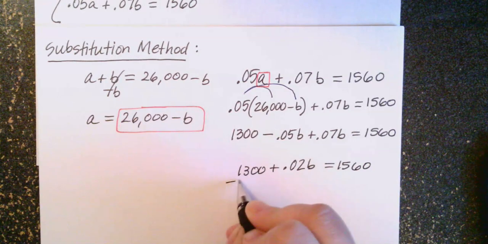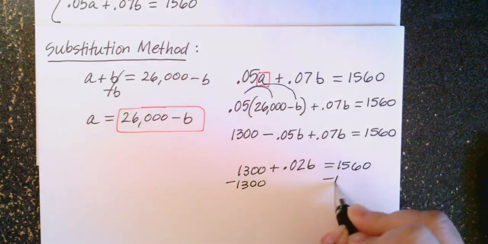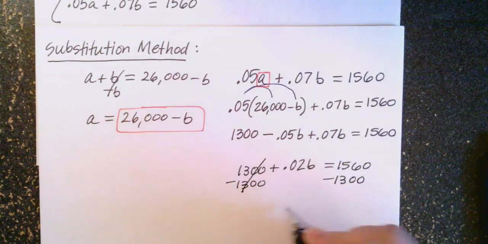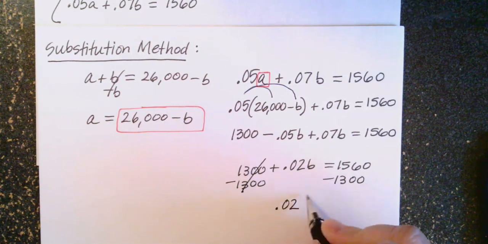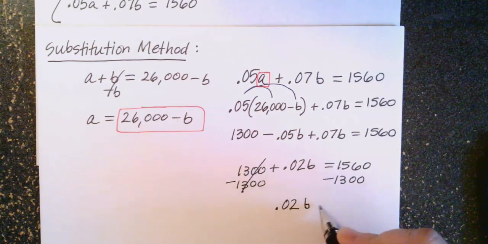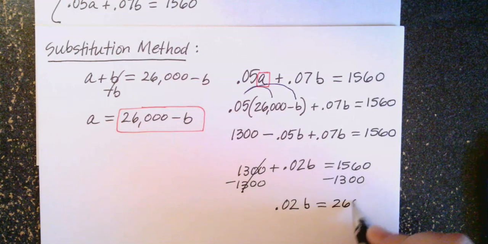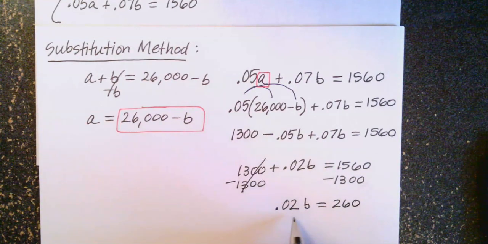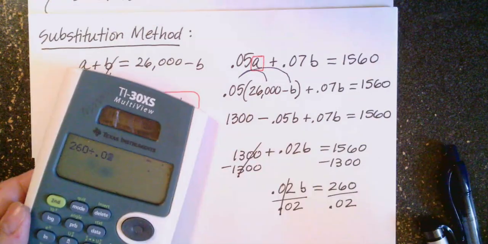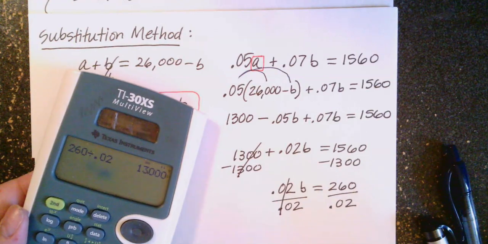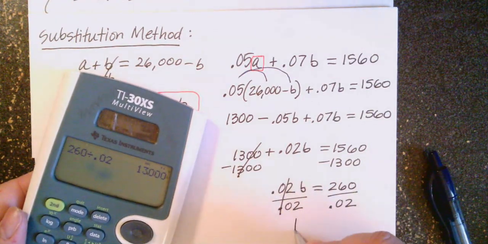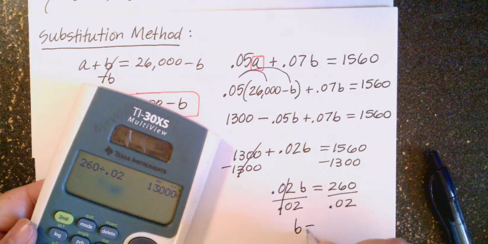Now I am ready to collect my constants, my plain numbers on one side, and I have 0.02b, this is b, not 6, equals 260. I should have picked a different variable. And finally, I'll show you so that you can see how I type it in and what I get. 13,000. So b has $13,000 in it.